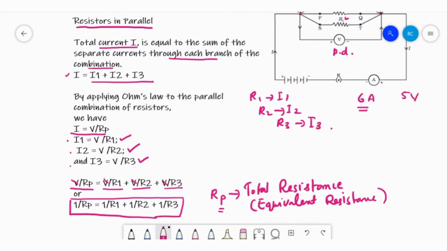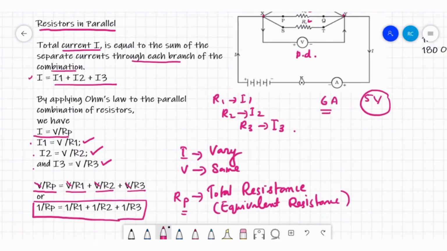Another thing you have to note is that I will be varying. Then what about V? V will be the same. Same means it will be constant, which means if it is 5 volt, the entire circuit will have 5 volt. But the current will be dividing through the different resistors. Okay, so I will be varying, but V will be constant or the same.